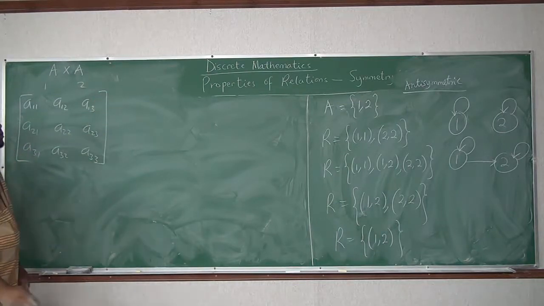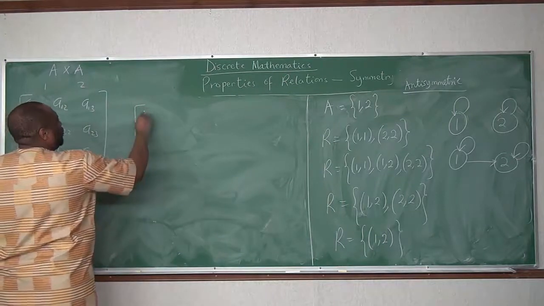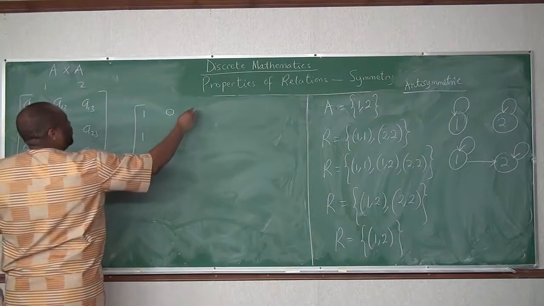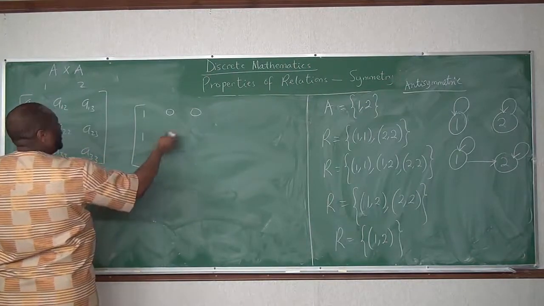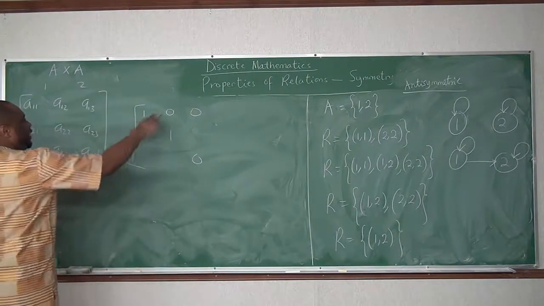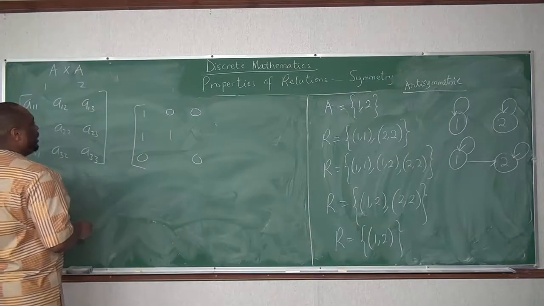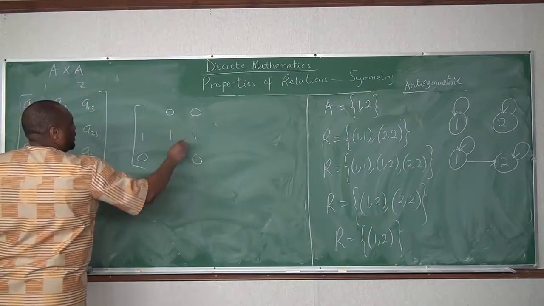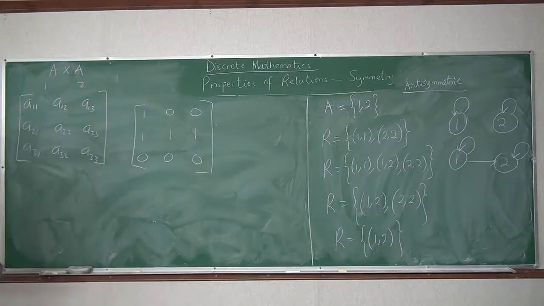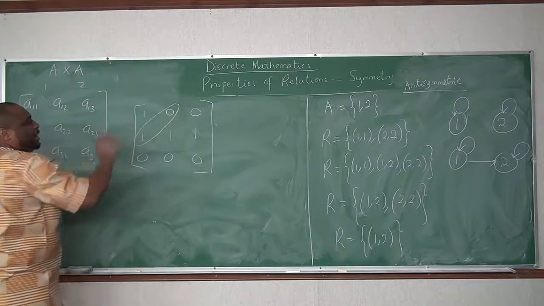You could have 1, 0, 1, and here you could have 1, 0. It doesn't matter on the diagonal. But if you have 0, 1, you could do that. You could have 0, 0, no problem. You could have 1, 0, like this. So if one is 0, the other one will be 1.